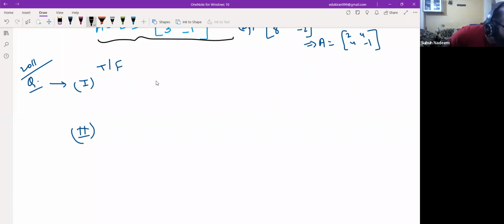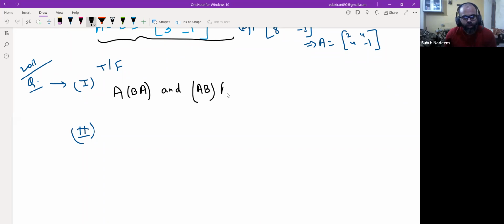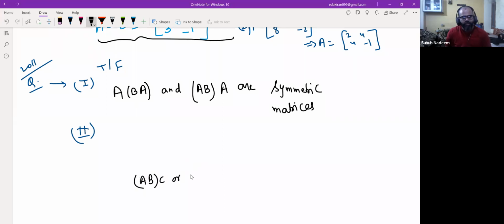So ABA and ABA are symmetric matrices. It is saying that ABA and ABA are symmetric matrices. So first thing, let me tell you that matrix multiplication is associative. What does associative mean? That means that if you do ABC like this, or you do ABC like this, both are same.